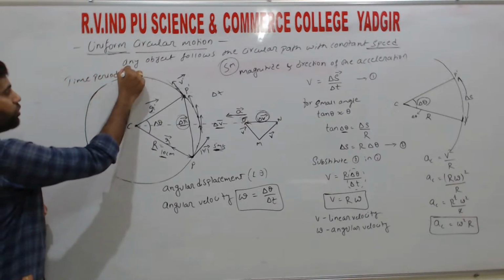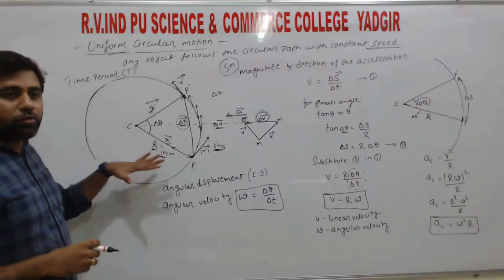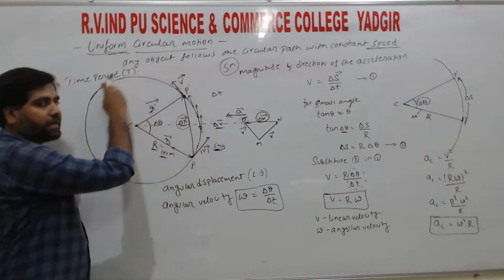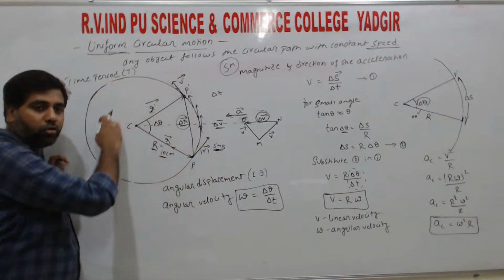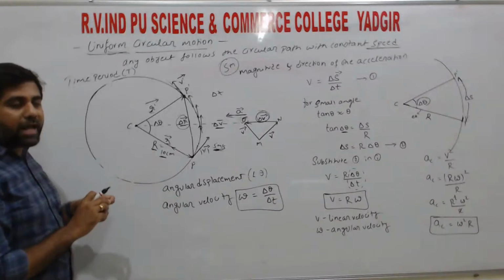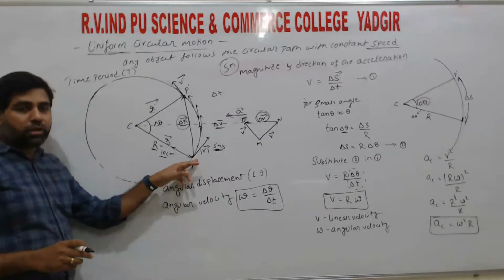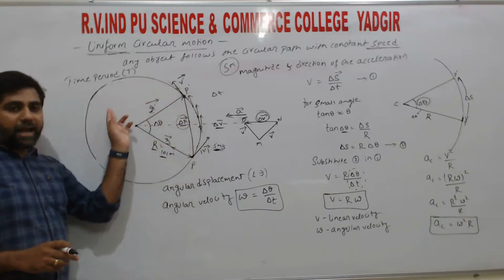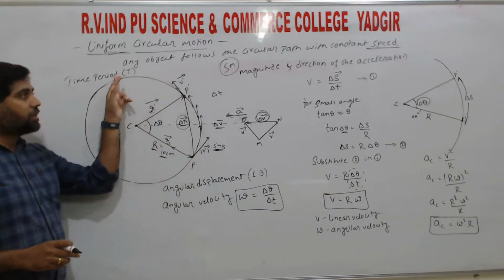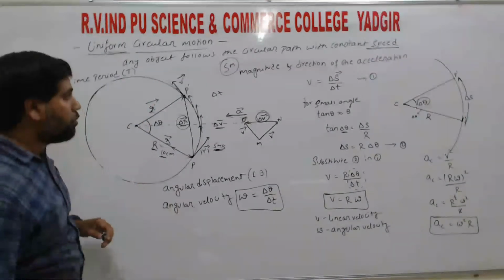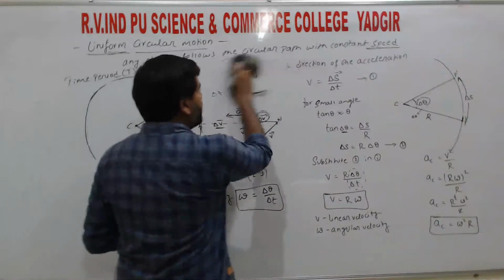Time period is denoted by T. What does time period mean? The time the object takes to complete one revolution, we call the time period. For the complete one revolution, the object will take some time, and that time we call the time period, that is the time taken by the object to complete one revolution.